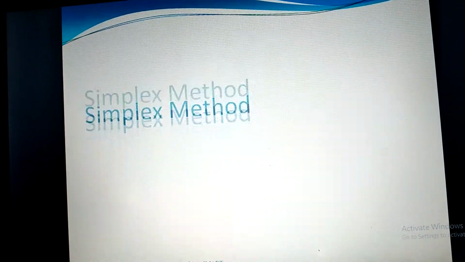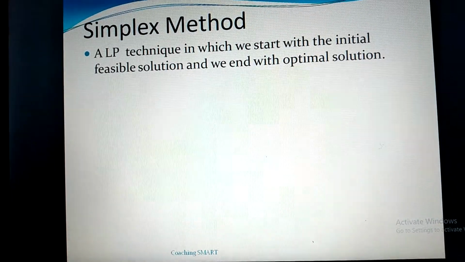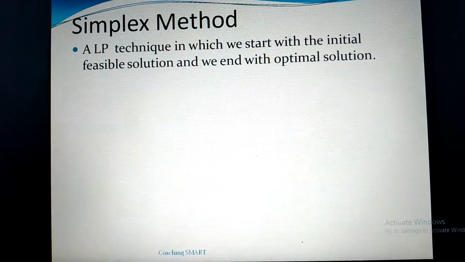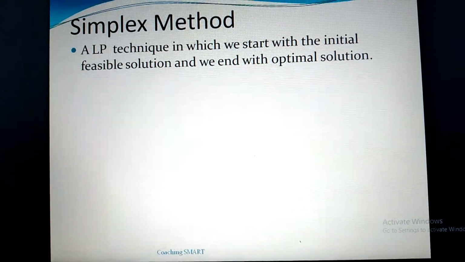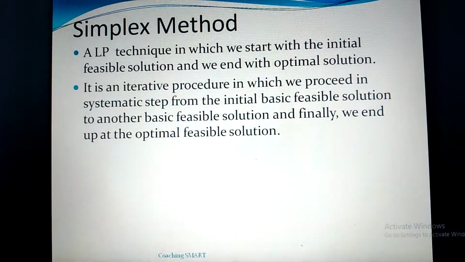After we are done with the graphical method, we are starting with the simplex method. The simplex method is a linear programming technique in which we start with the initial feasible solution and we end with the optimal solution.